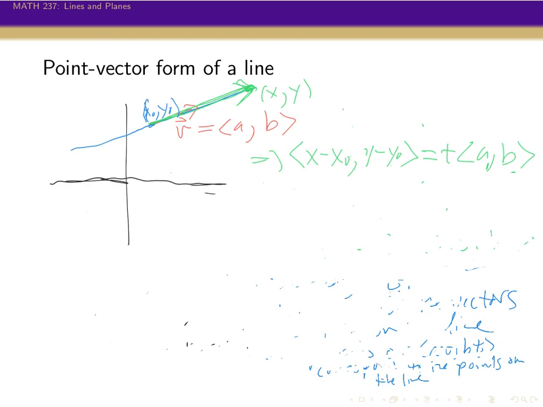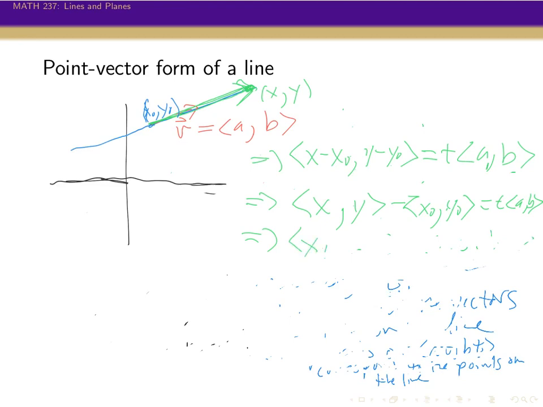Right? And so, in fact, if we want to solve for the x and y here, what are they going to look like? Well, it'd be x, y, I'm subtracting off x naught, y naught, is equal to t times a comma b.